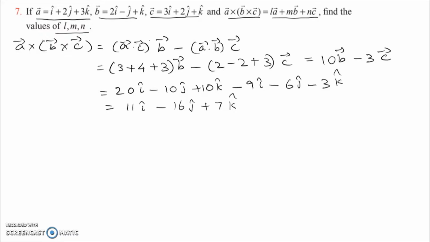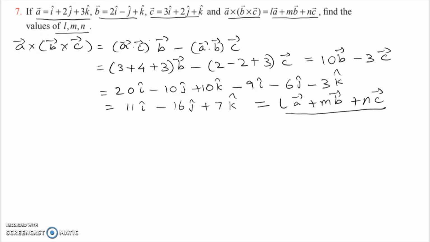Okay, so now we have this. This is actually equal to L A vector plus M B vector plus N C vector. So let's expand this part.